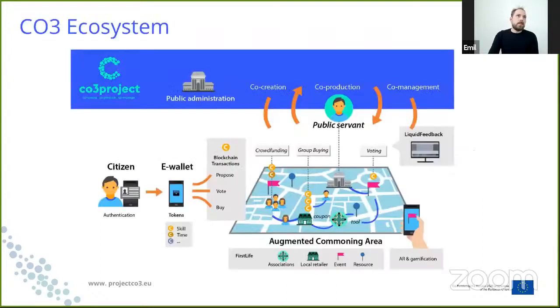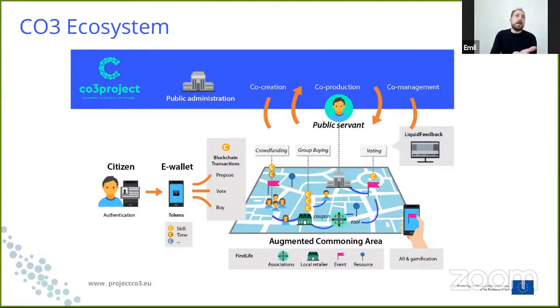Together with that, the initial grant agreement included quite some systems with a lot of complexity designed. As you can see, there are a lot of different stakeholders like associations, local retailers, the public administration, but also a lot of different technologies. Blockchain was not the only one.